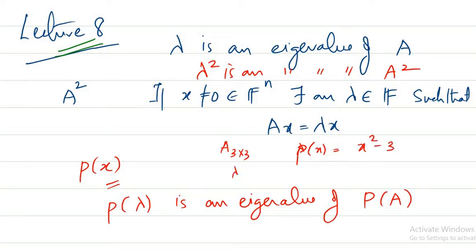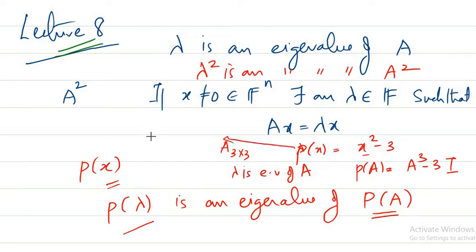Then if lambda is an eigenvalue of A, what we can tell is about P of A. P of A means A cube minus 3I, where I'm substituting A instead of X and replacing 3 with 3I. Then P of lambda is an eigenvalue of P of A. What is P of lambda? It is lambda cube minus 3. So lambda cube minus 3 will be an eigenvalue of this matrix.